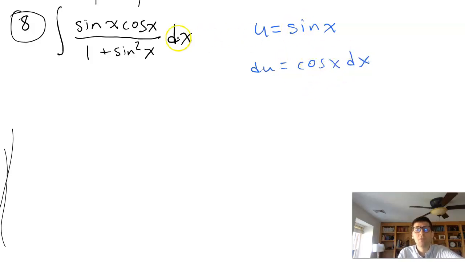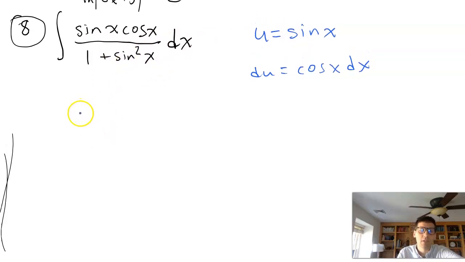Then the u could replace all of this business here, giving me a u everywhere I see a sine, and I could replace the cos of x dx with du. This seemed to work out well. The du would replace that, and then it would be all over 1 plus u squared.